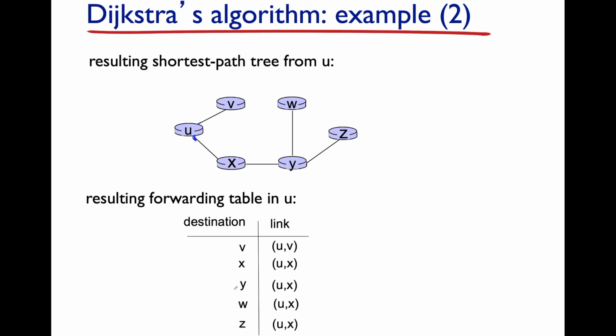If I have a destination address of Y that's seen by a datagram in router U, and that destination address with that subnet address is Y, then I'm going to go through this link UX, because that's how I get there. Okay, so if I have a destination address of W, I'm going to go out the same link. If I have a destination address of Z, I'm also going to go out that link.